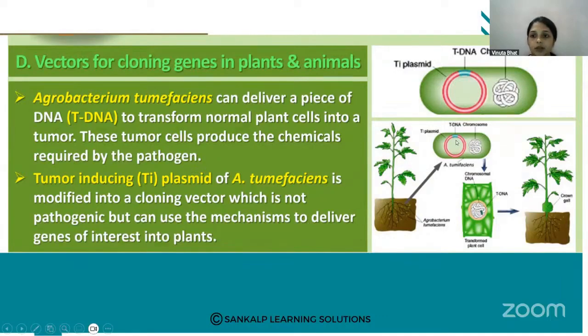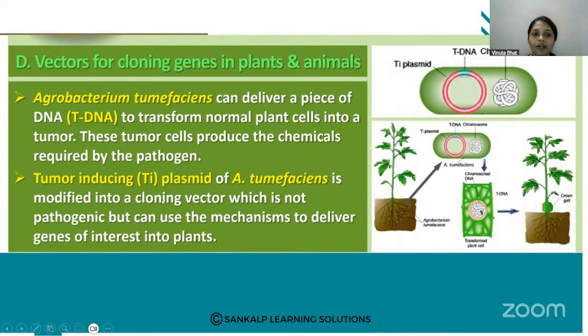So see here, this is the Agrobacterium tumefaciens bacteria, which has the plasmid DNA, that is the circular DNA, and you can see the foreign gene. So when you have introduced this into the plant cell, you can see the transformation in the plants.